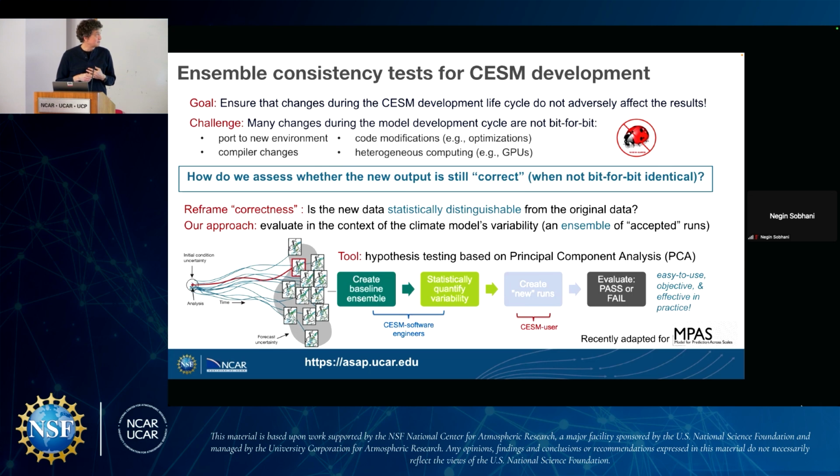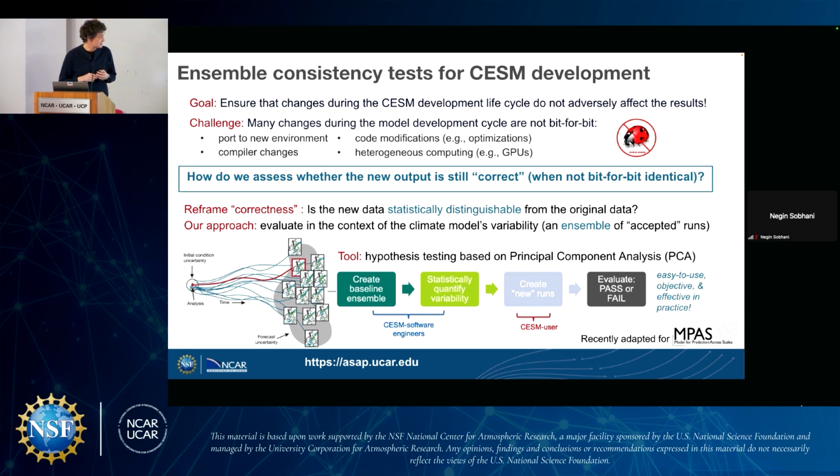When we optimize code for either CPU or GPU architectures, we do tend to change the order of operations, and so we want to be able to identify which changes are acceptable, just a different order of summation, versus something that's more problematic, where we perhaps break the code. So we look at correctness as being statistically indistinguishable from the original data.